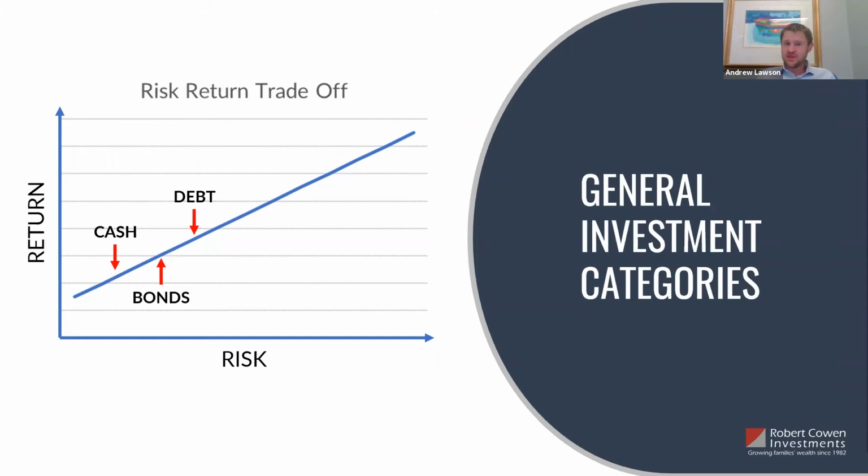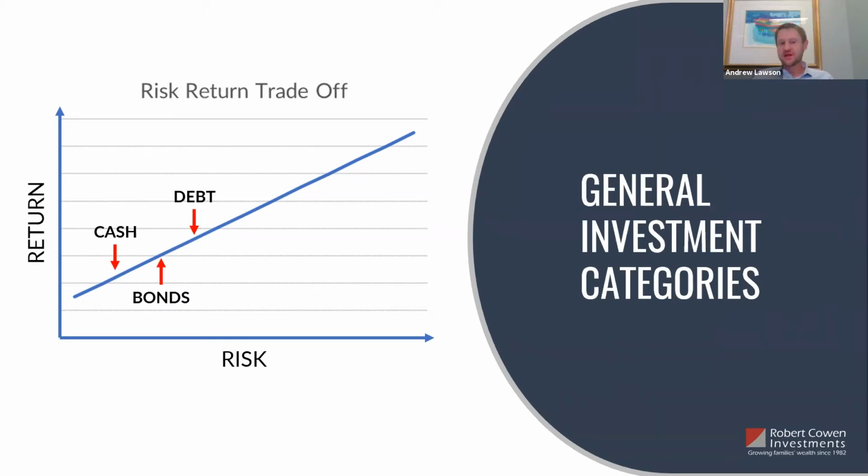The next thing that you potentially could invest in is debt. Here we're talking probably about corporate debt. Companies that have gone to the market to raise cash would theoretically have to pay more interest in order to raise that money than what the government would, because there is a greater degree of default, as a company could go bankrupt.